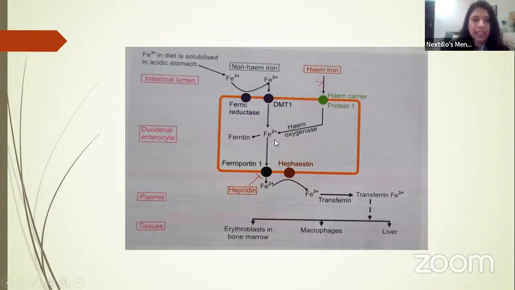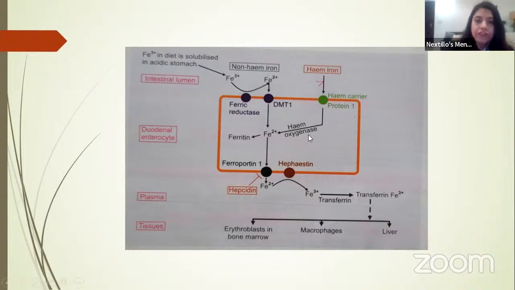So if the cell decides that it just has to store this iron, it will convert the ferrous form into ferritin. Now, if this iron is needed in the bloodstream, in the plasma, it will come out via another transporter called ferroportin 1.